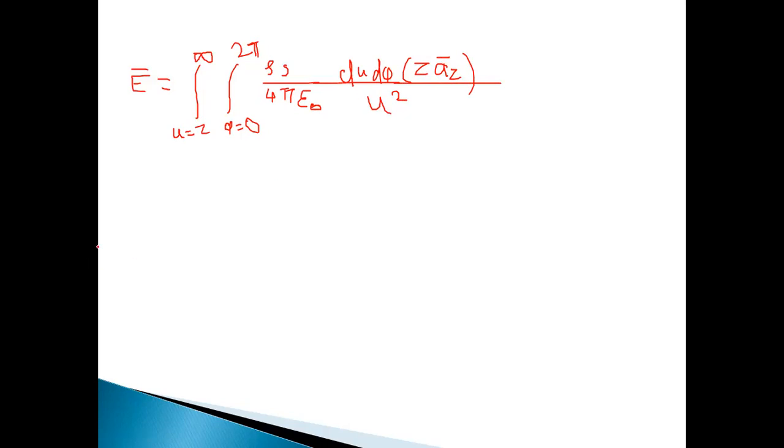So I'll take this constant rho s upon 4 pi epsilon 0 outside. Therefore E bar is equal to rho s divided by 4 pi epsilon 0, and first we will integrate with respect to u.